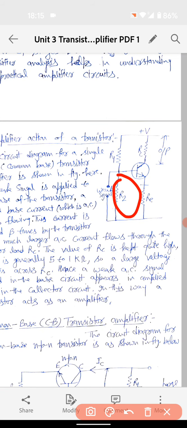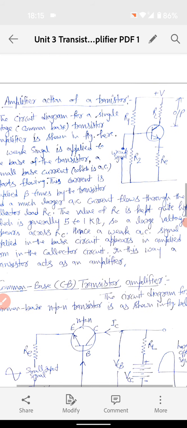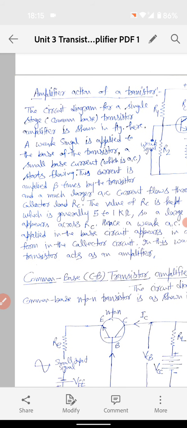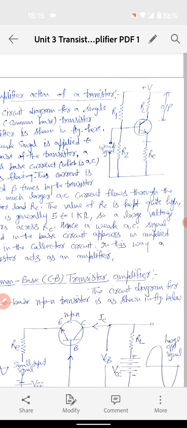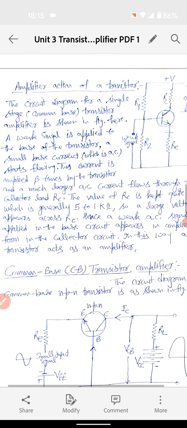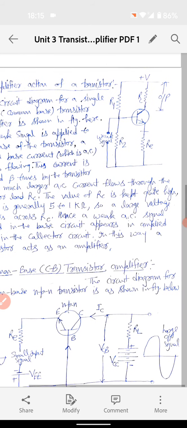Through this load resistance RC, across which we measure the output voltage, a large current passes. The value of RC is kept quite high, in general of the order of 5 kilo ohm. So a large voltage appears across RC. Hence a weak AC signal applied to the base circuit appears in amplified form in the collector circuit, and in this way a transistor acts as an amplifier.